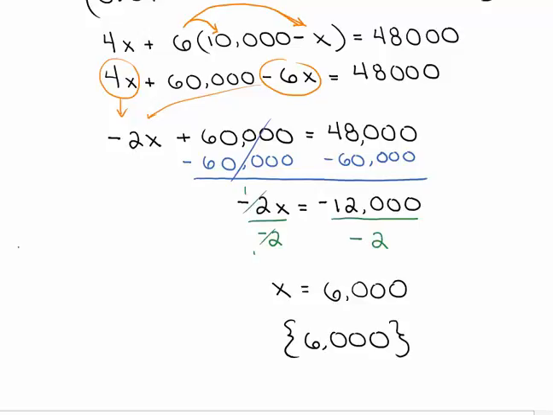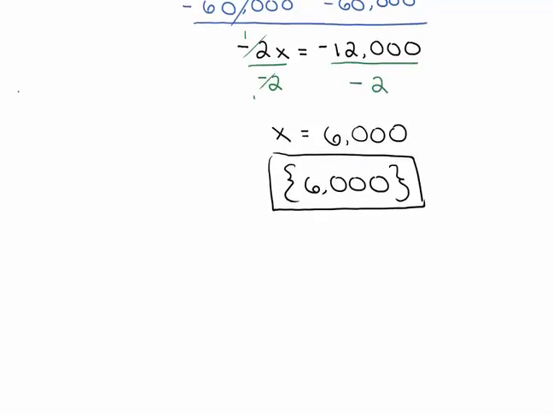It might not be a good idea to put a comma inside the solution set because it might look like I'm maybe separating numbers there. So maybe in the future just not use a comma there inside the solution set. Let's check our work. Let's plug in 6,000 back into the original equation and see if it comes out to be a true statement.